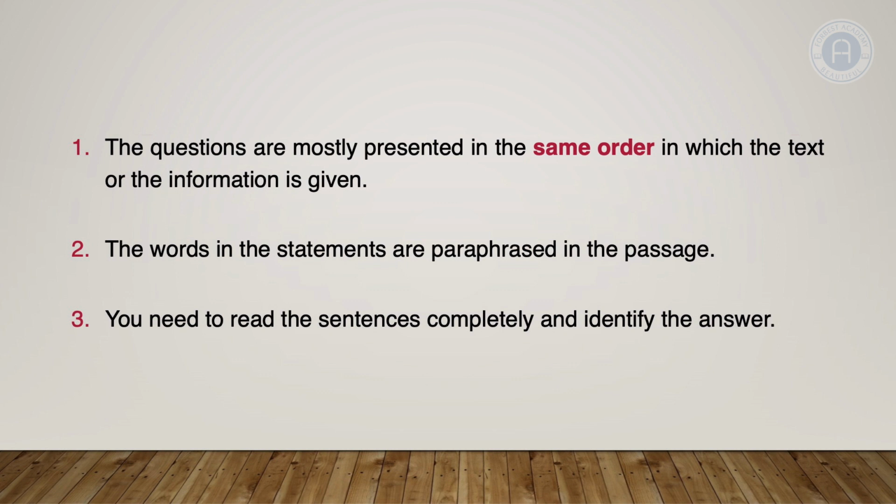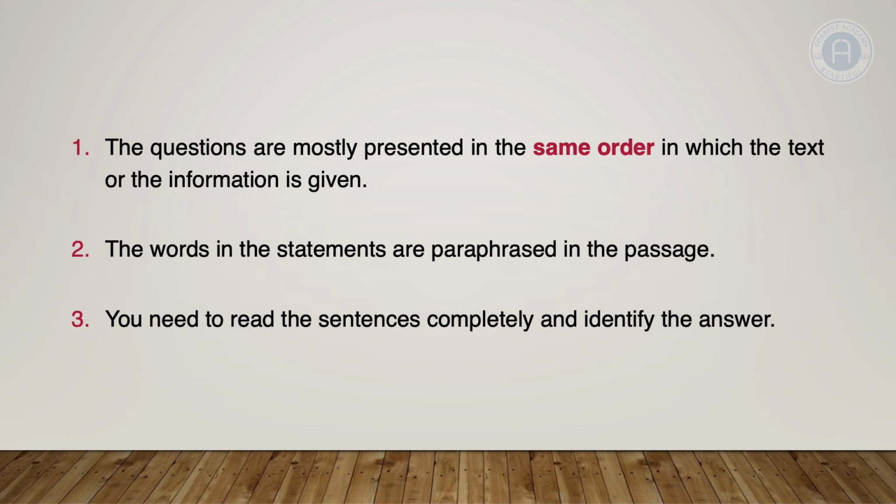The same goes for other questions. For instance, if question number 3 appears in paragraph 3, then question number 4 is expected to be appearing in that same paragraph or the paragraphs that show up after that. So you don't have to just go back and forth throughout the text to find the answers.